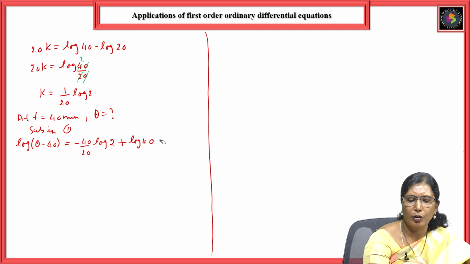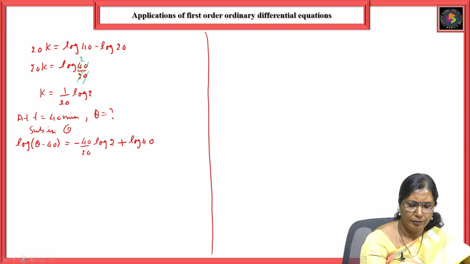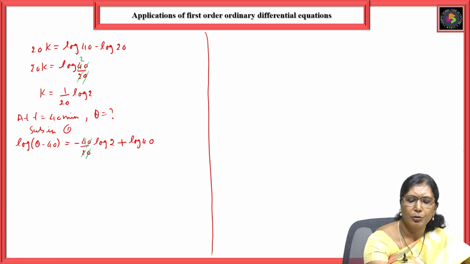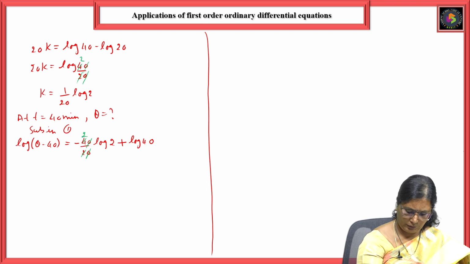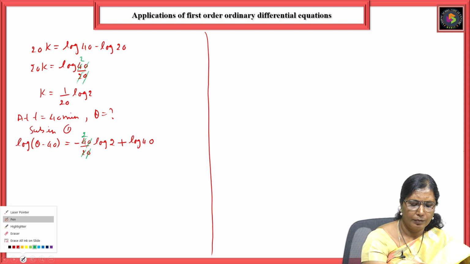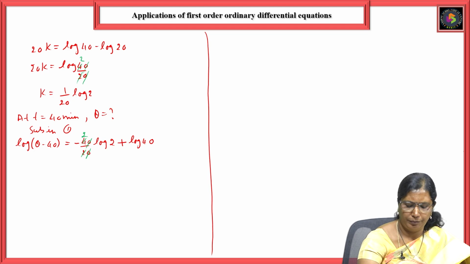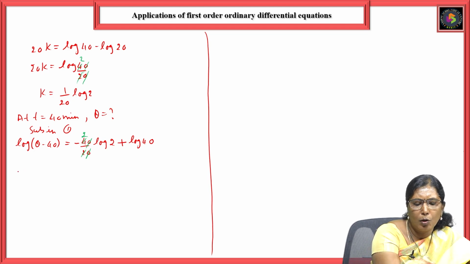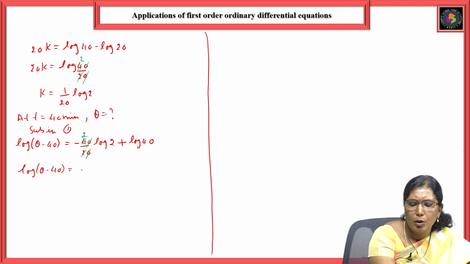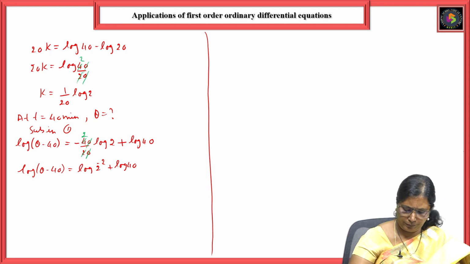So what do you get here? What all get cancelled here? 0, this gets cancelled, 2 times. Okay. So take this, what do you get here? Log theta minus 40 is equal to, apply laws of log, 2 to the power of minus 2 plus log 40.